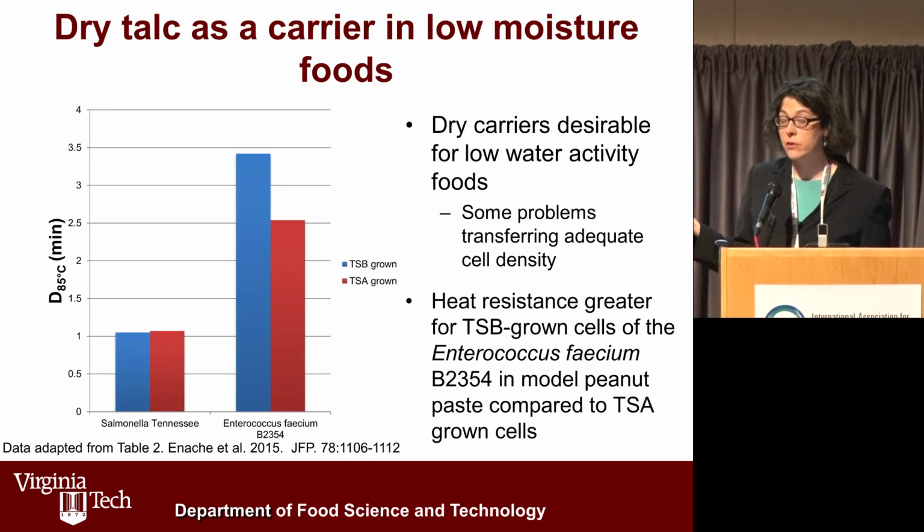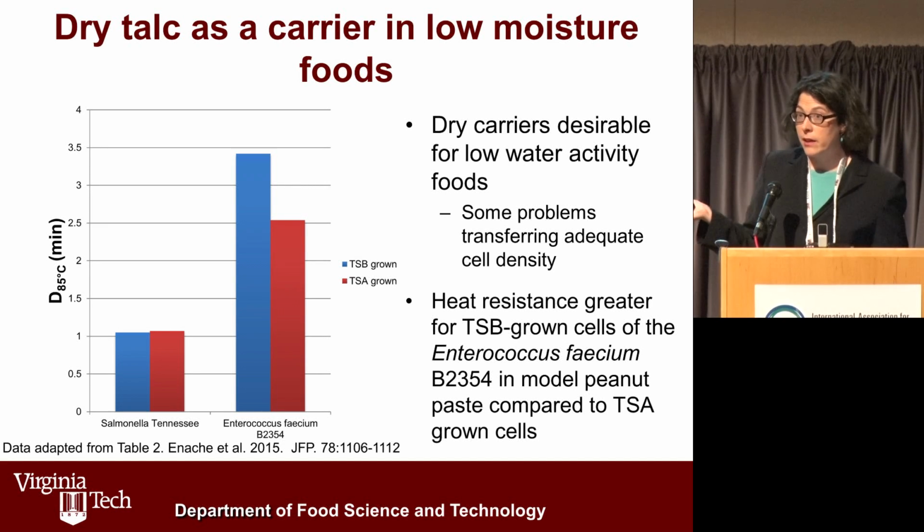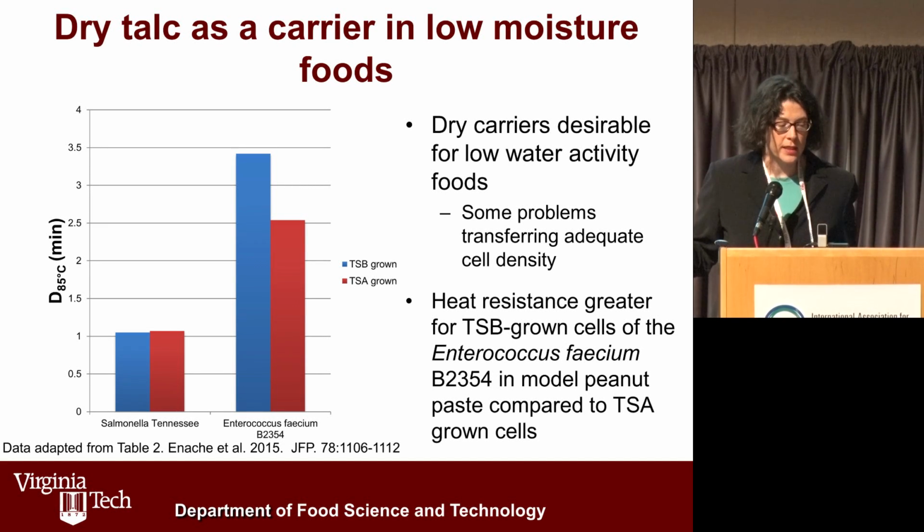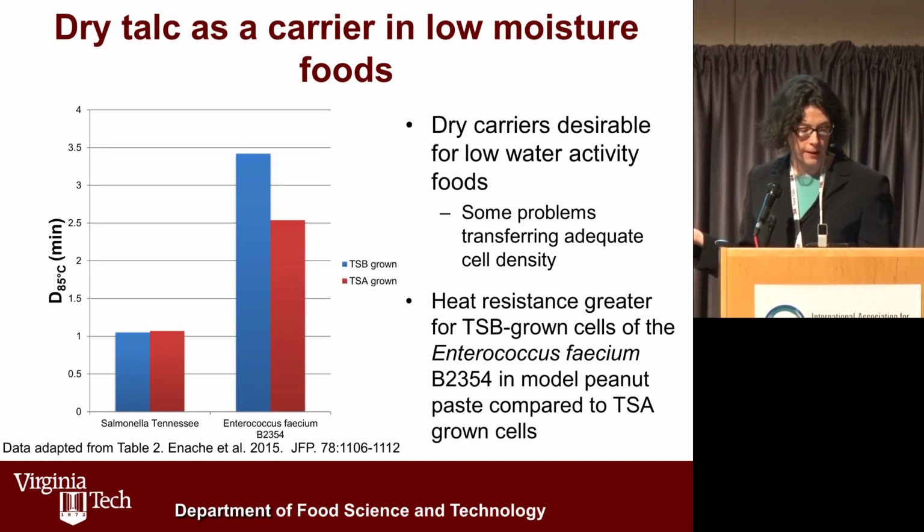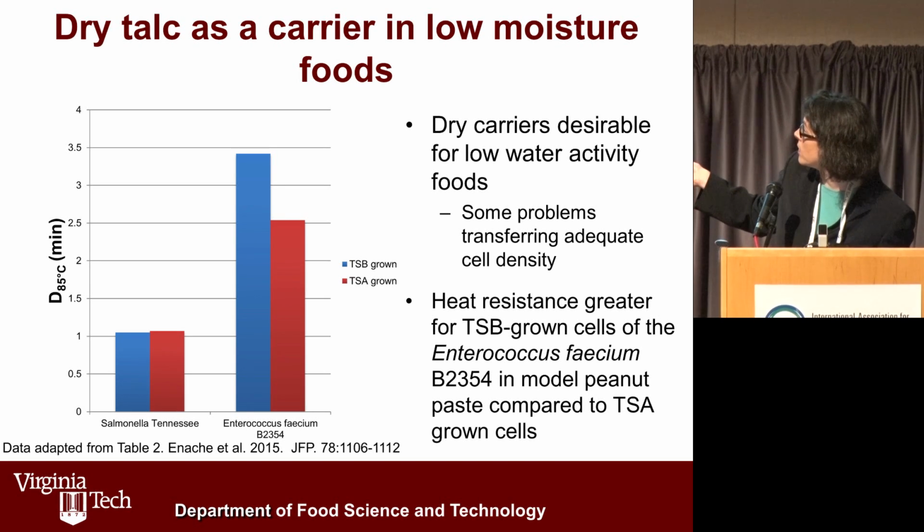For low moisture foods, dry carriers have had a lot of interest recently. This is work that was recently published by Inoculum et al. in 2015, where they examined the effectiveness of dry carriers and again how that inoculation preparation influenced the inactivation, in this case the D value with time.